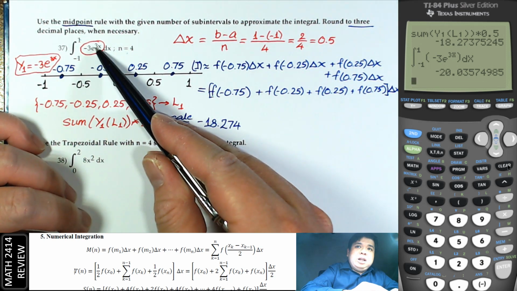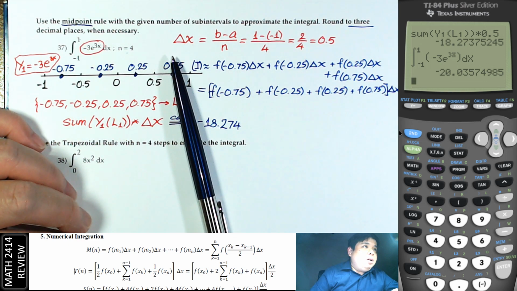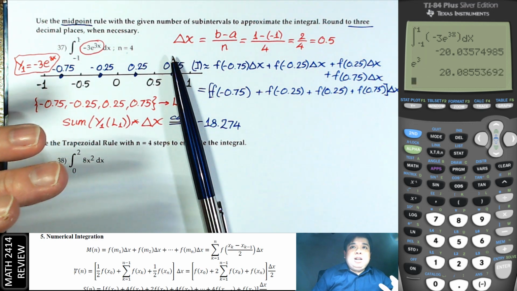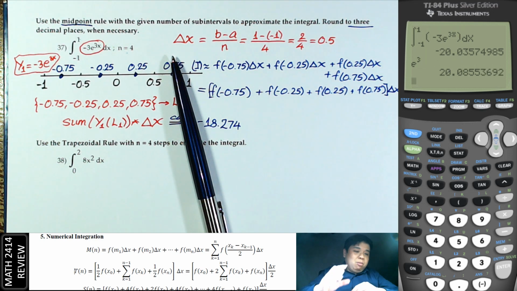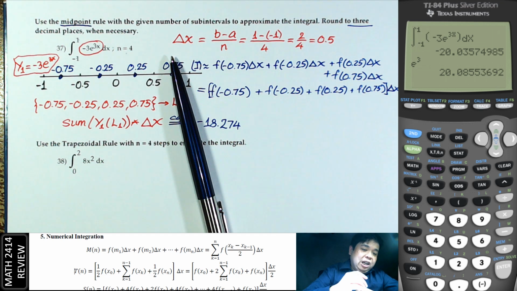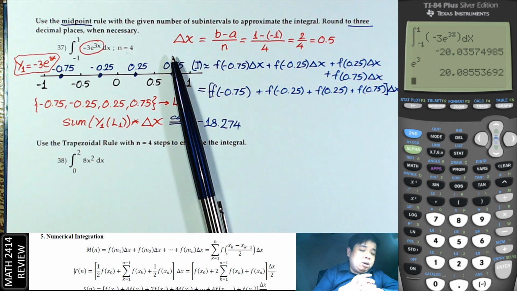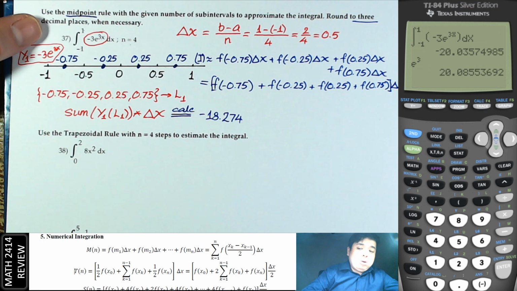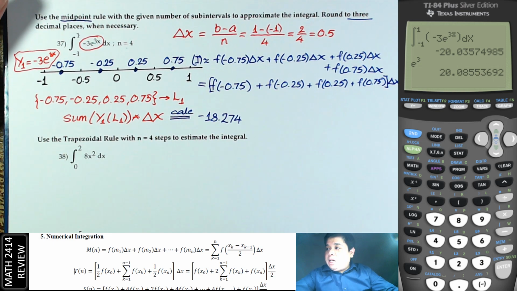What is e cubed? When x equals 1 or negative 1, it is about this much. So the function increases very much, so using rectangles to estimate may not be the best way. So that's why there is error, but that's good enough.